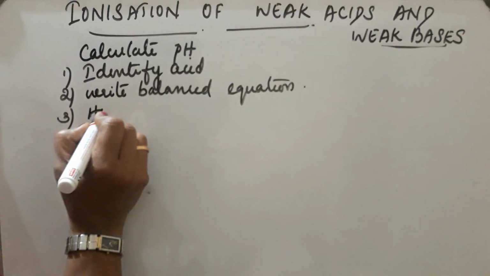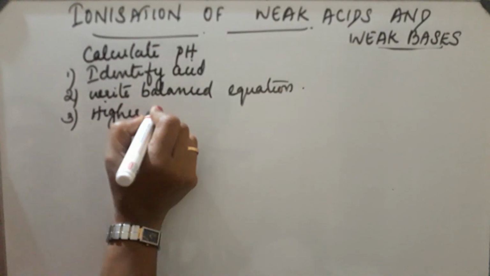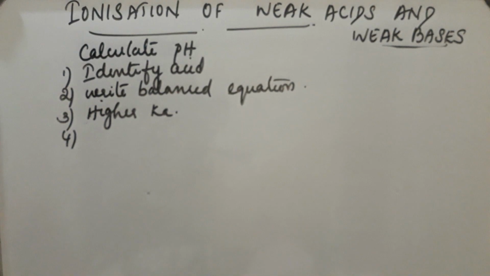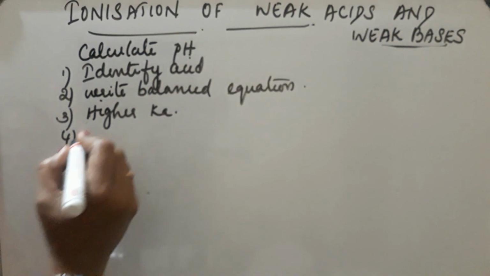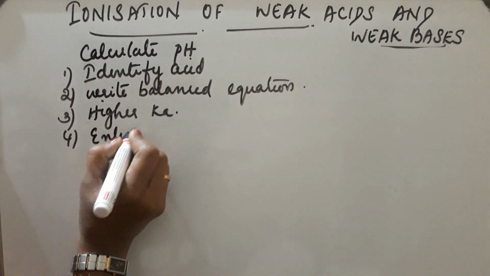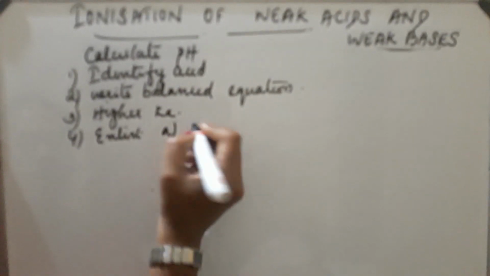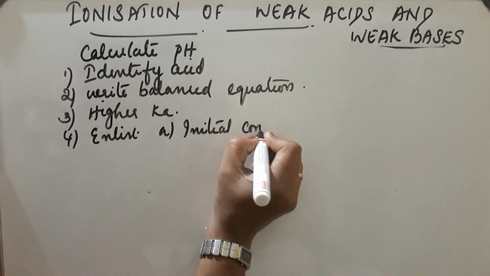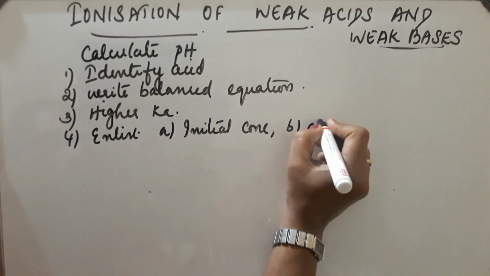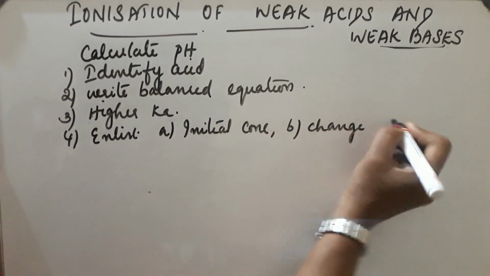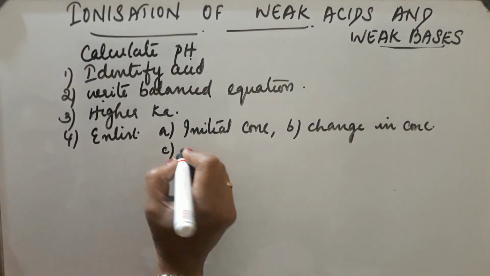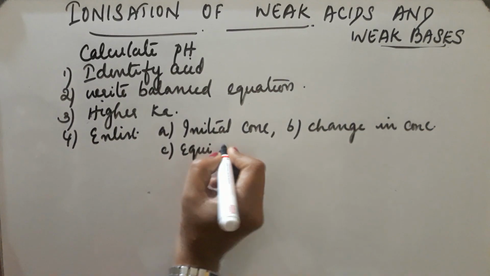Next step, we are enlisting the equation as follows. First one is initial concentration. Write the initial concentration. Then write the change in concentration. Then we are writing the equilibrium concentration.